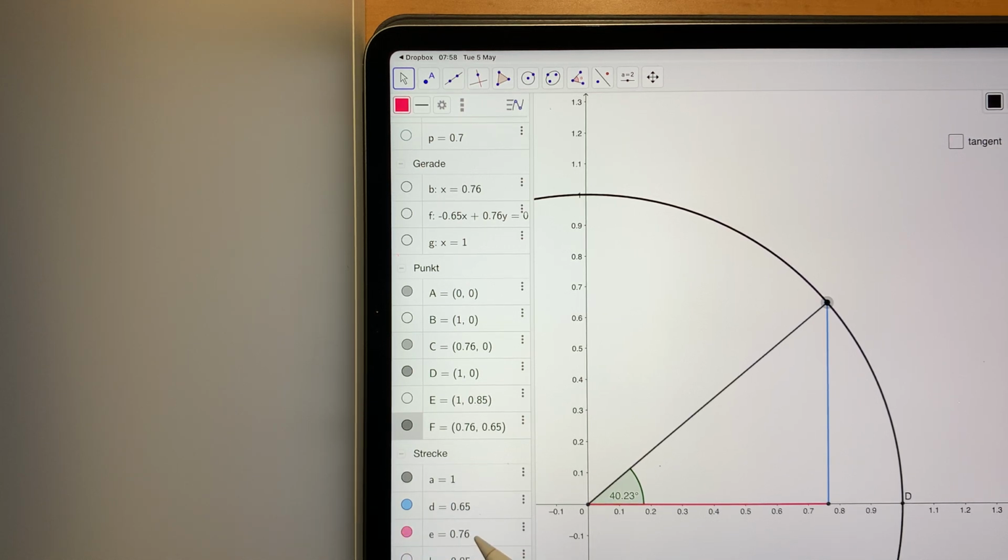You can even read it off this GeoGebra document. And the sine for this is 0.65. Look here, this is the sine value. And if you wanted the tangent, this would be the tangent. On the whole tangent, you can find the value for the trigonometric tangent.